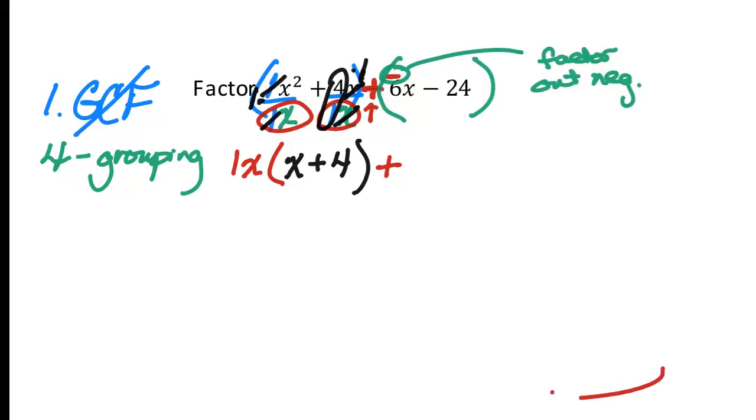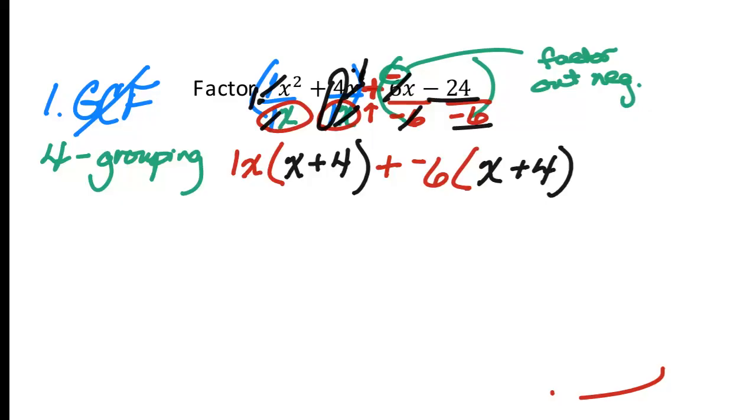So I can divide both. I have to factor out a negative, so this is going to be a negative 6 and a negative 6. There's no x that is common to both, so I factor out the negative 6 here. And when I divide, negative 6 divided by negative 6 cancels out. I'm left with x. I have negative 24 divided by negative 6 gives me the plus 4.